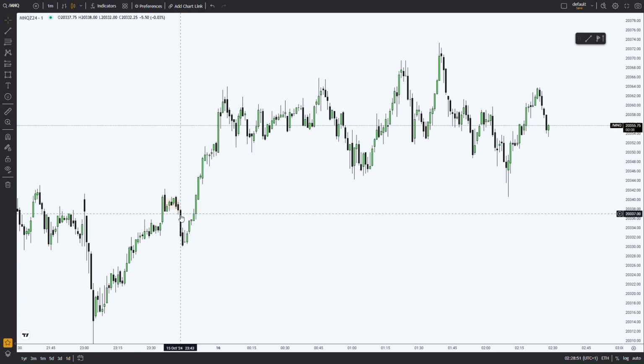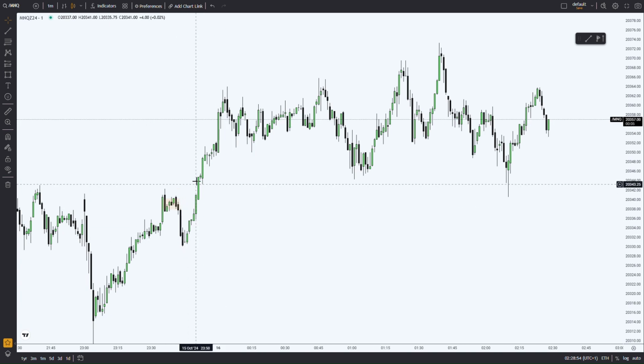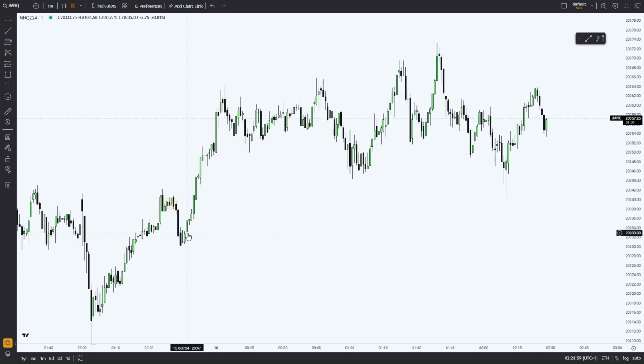This is a bearish candle and this is a bearish momentum, and price goes up, which we call a bullish momentum, because this is bullish candle, bullish candle, bullish. All of this is bullish momentum.